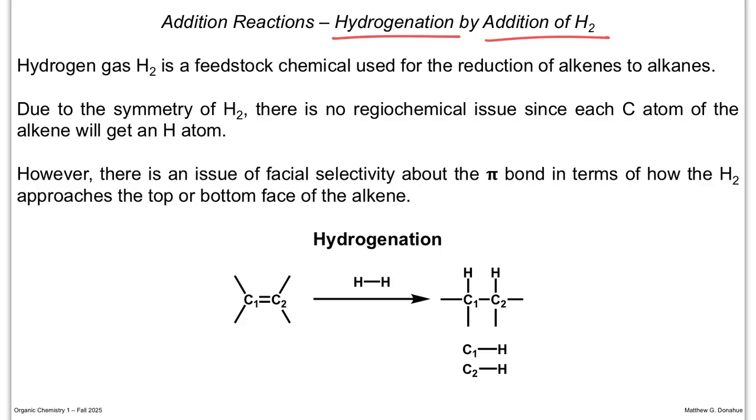In this case, those elements A and B are equal, so they're both H. So there's really no debate on what carbon is getting what element, because they're both getting hydrogen. Hydrogenation happens in a syn fashion. The H2 adds from one face of the alkene at the same time.